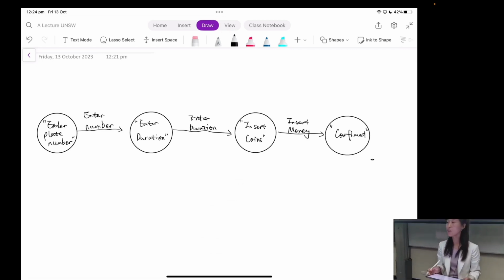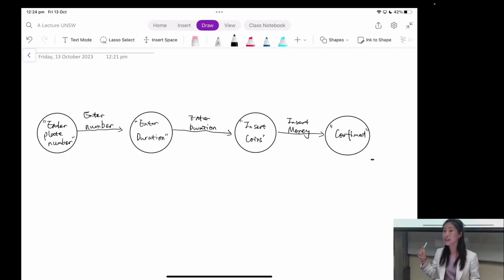Okay, so now, can you see clearly? Yep, okay, good. Sorry about my handwriting. So now you want to design this parking machine, and you bring this conceptual model to your team members to have a discussion on your design.